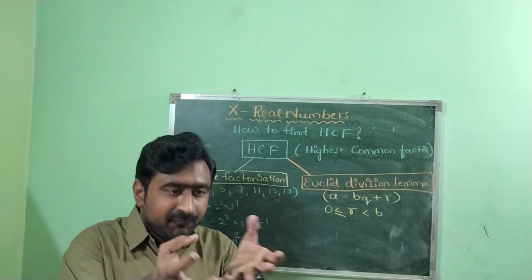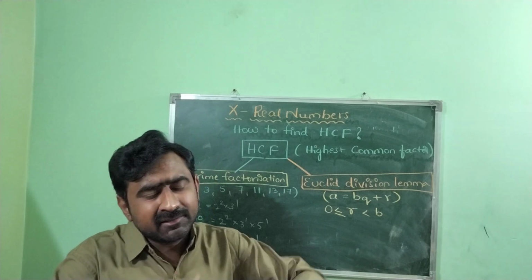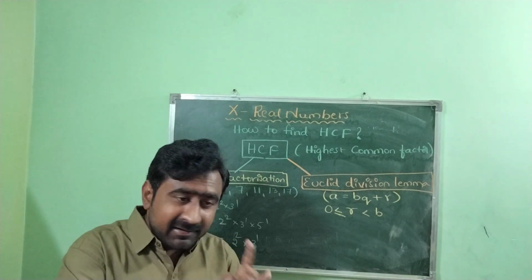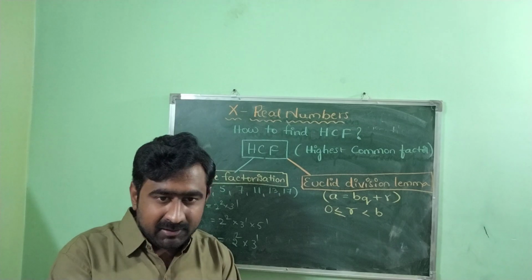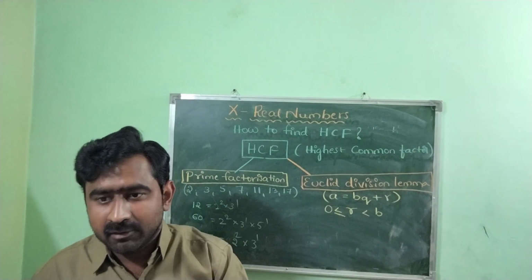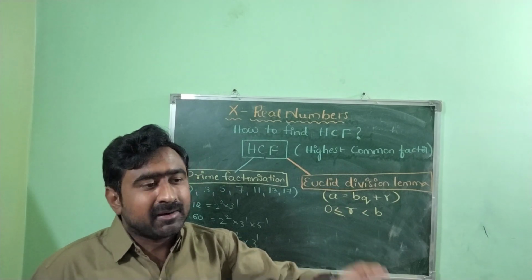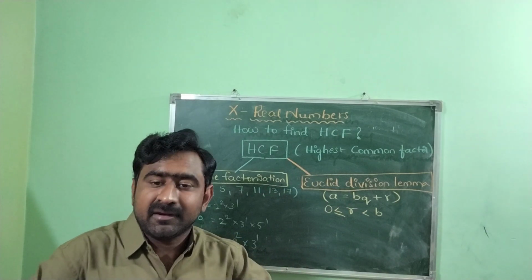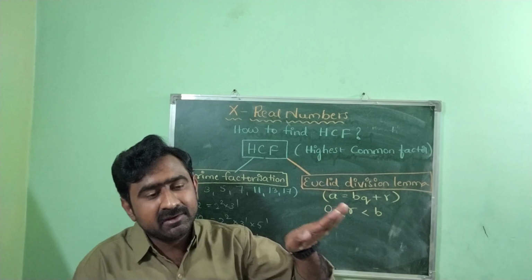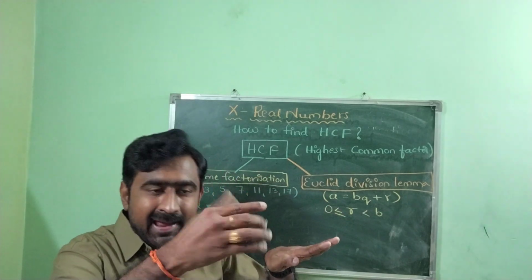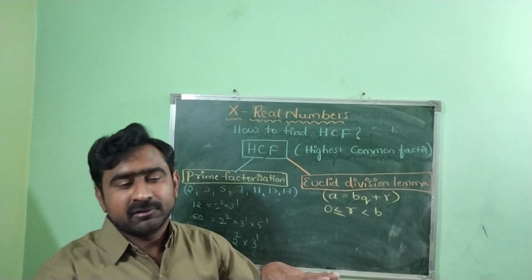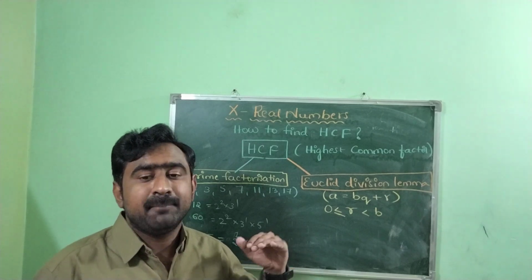For example, if you take the number 11, what are the factors of 11? The other tables are not possible, only the first table and itself, the 11th table. If you take the number 13, 13 is possible only in one table and itself, the 13 table. So those numbers are said to be prime numbers.